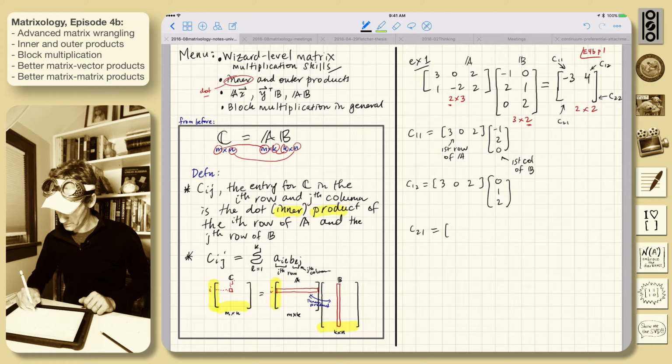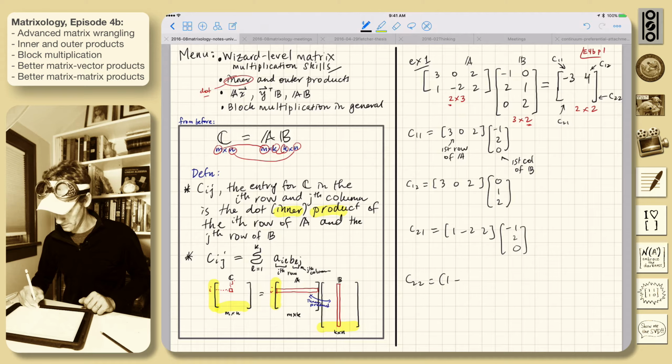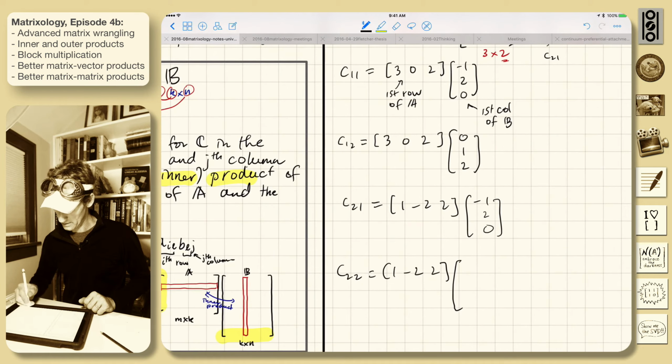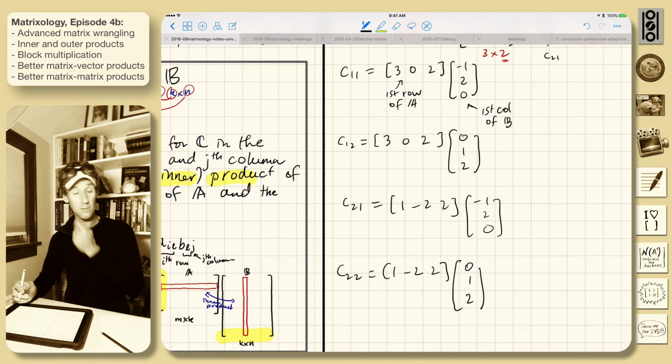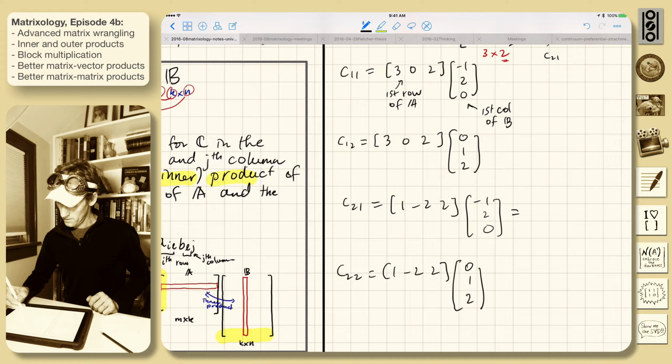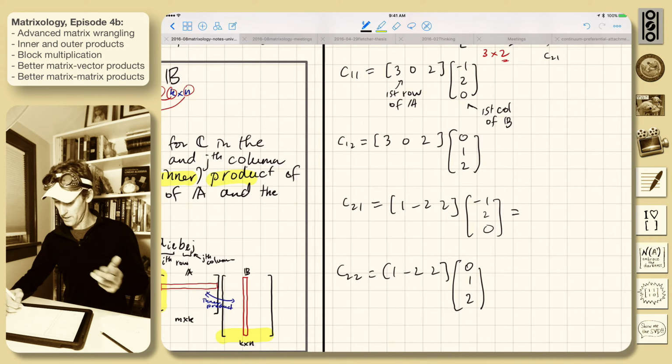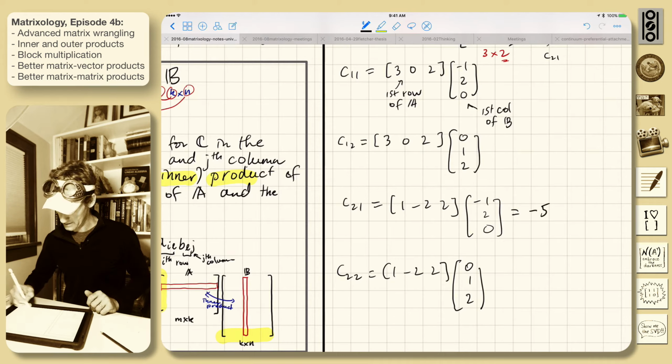It's 1, minus 2, 2, and then minus 1, 2, 0, the first column. And C22 is that same second row of A dotted with 0, 1, 2, the second column of B. So we just go through: it's minus 1, there's a minus 4, and then a 0. Good, so this is a minus 5.